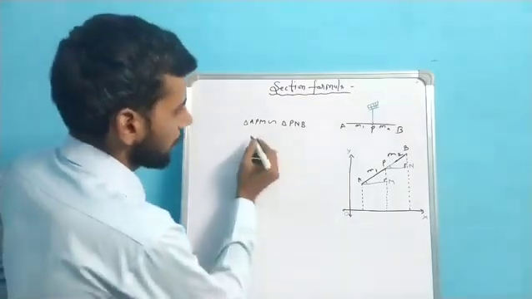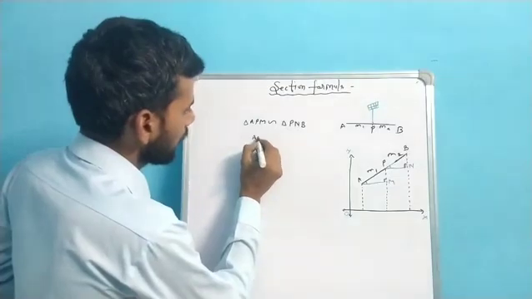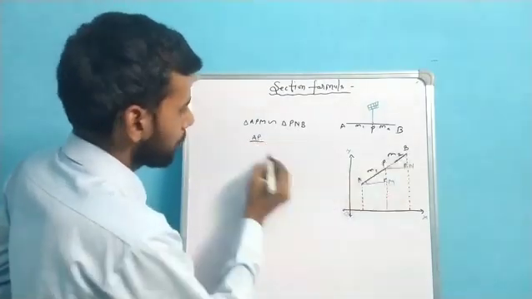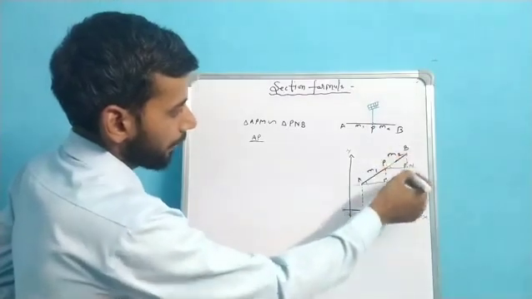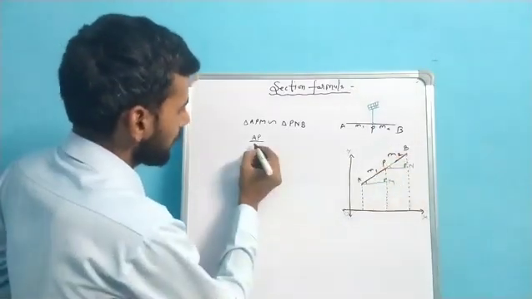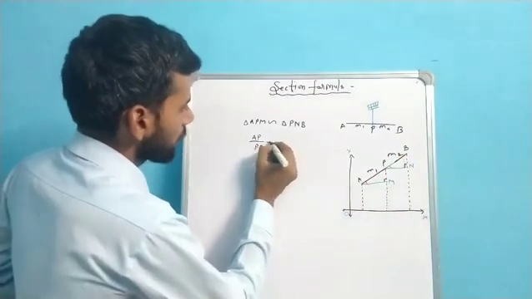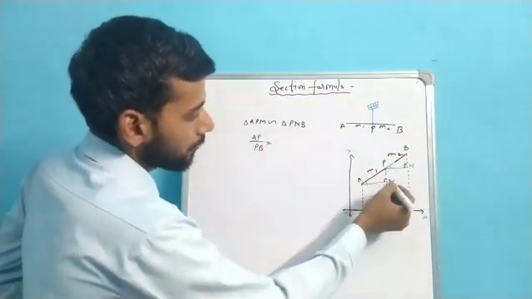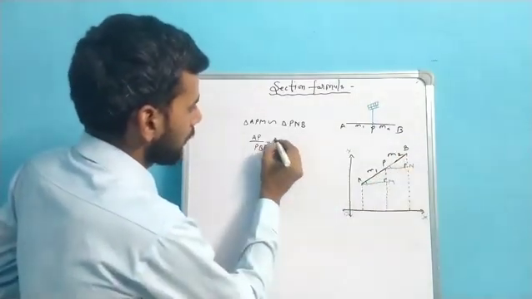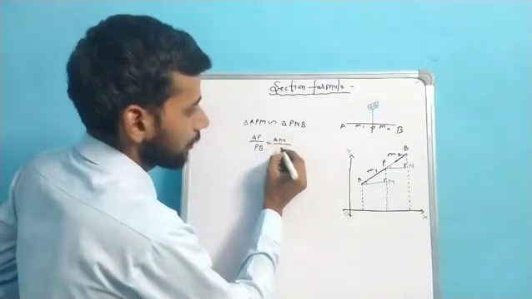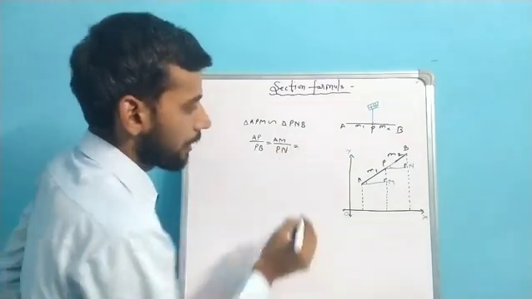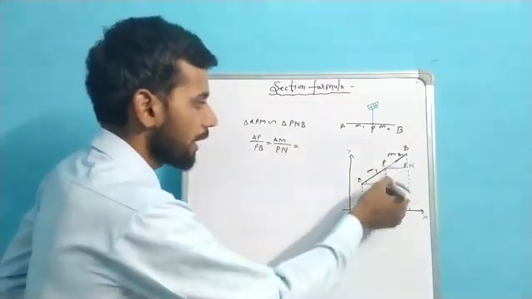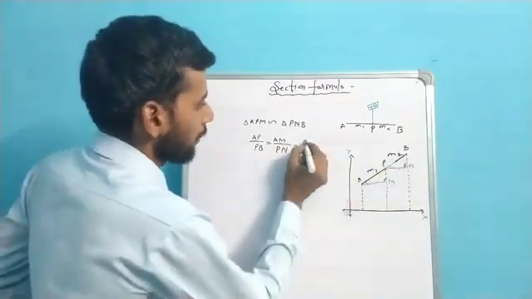That means AP upon PB in these triangles, AP upon PB equals AM upon PN, and this will also equal PM upon BN.